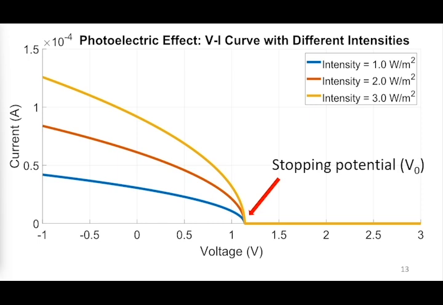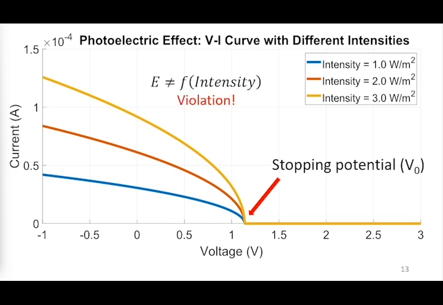So the intensity is not changing the stopping potential. Now, what does it mean not changing the stopping potential? Well, it means that the maximum kinetic energy of the electron remains the same.